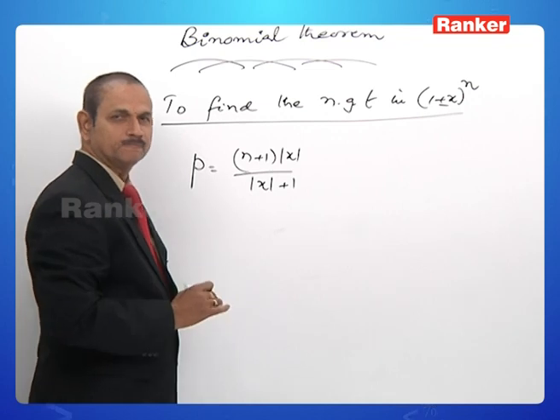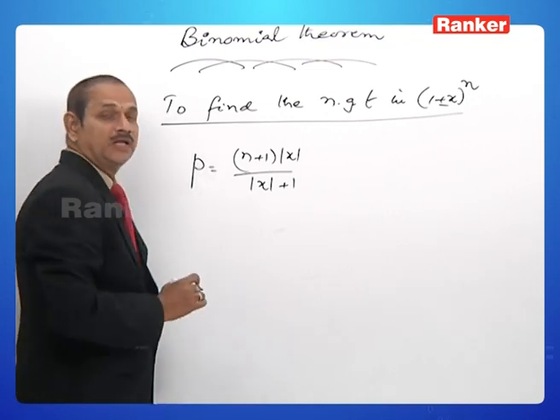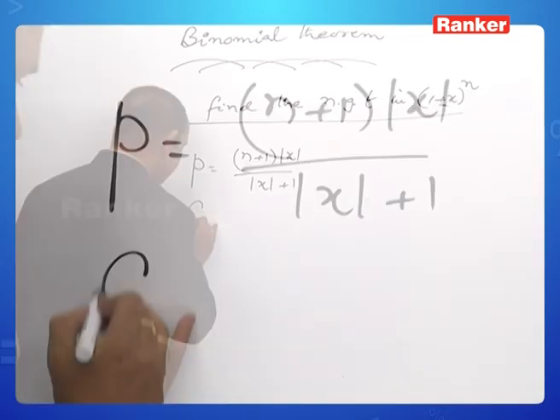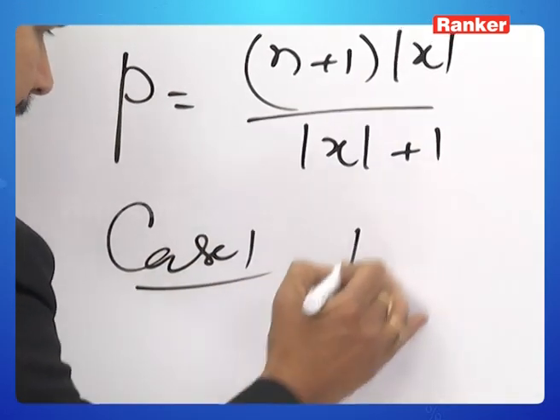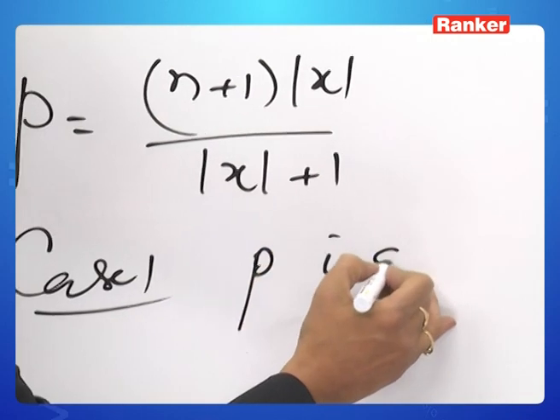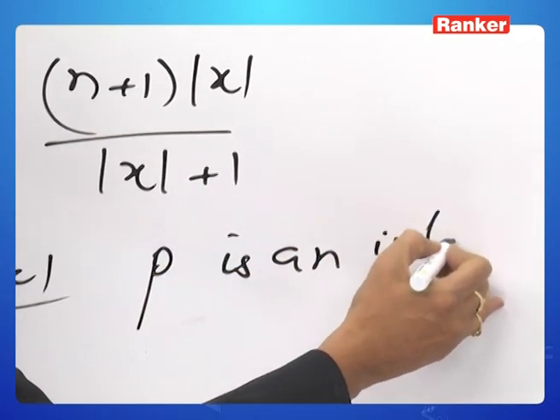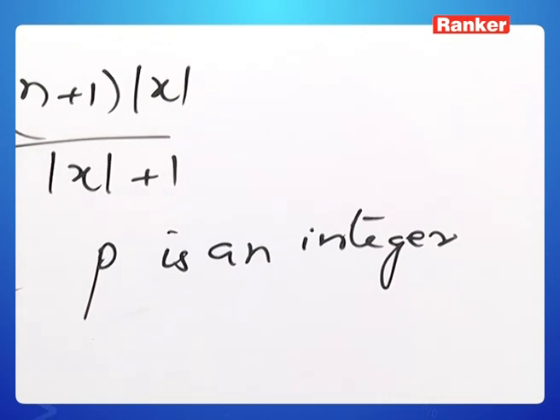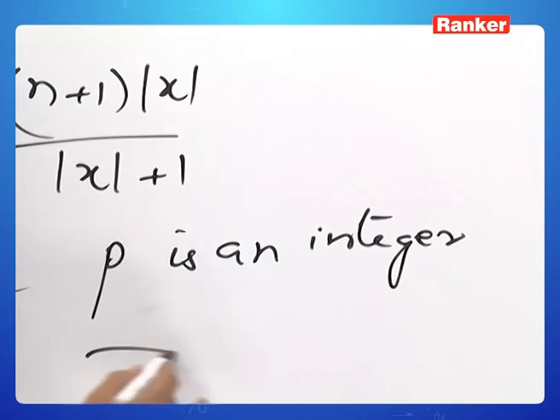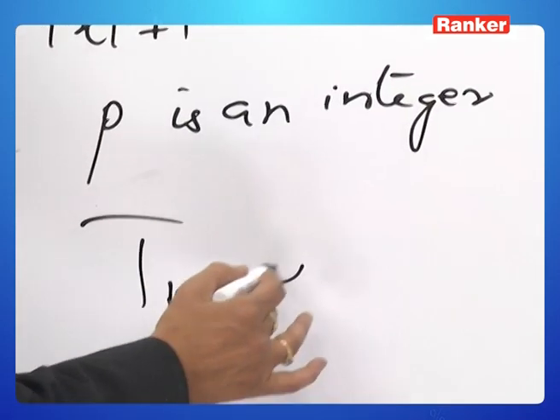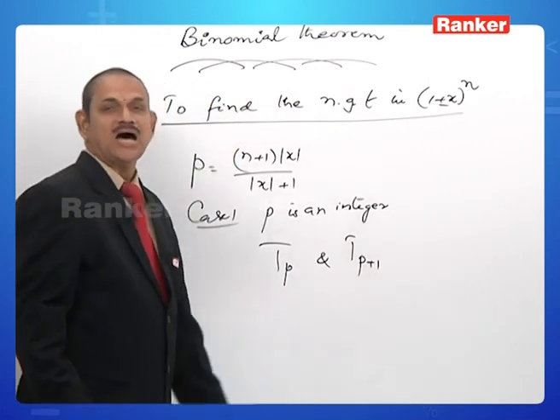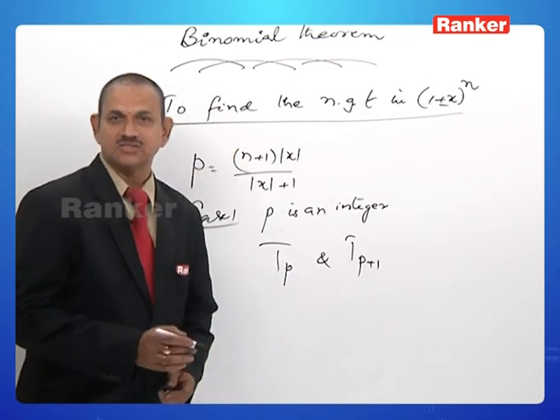Good. Here, two cases will arise. Case 1: p itself is an integer. In this case, there will be two numerically greatest terms, namely Tp and Tp+1.